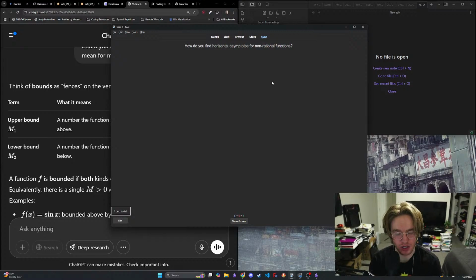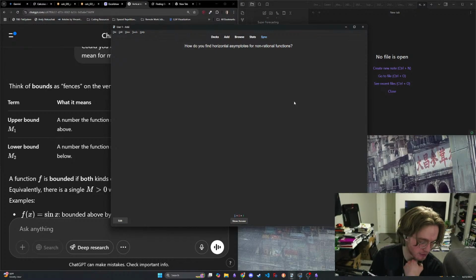Okay, so for non-rational functions, as x approaches infinity, you're looking for a y value that approaches some number. So taking the limit at infinity is a good option.